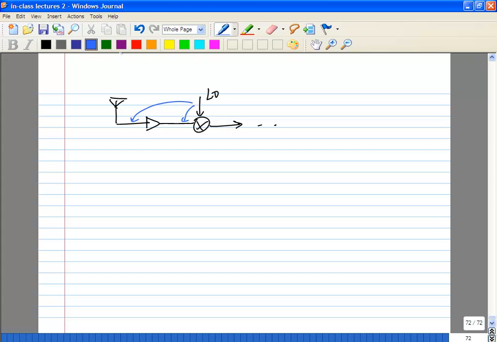LO to the input of the LNA would happen through other means, electromagnetically or through the substrate, so through parasitic paths. Once it gets there, you would see what is called re-radiation. The same signal which comes in, remember it's an antenna, so it radiates out into space. This is called re-radiation.